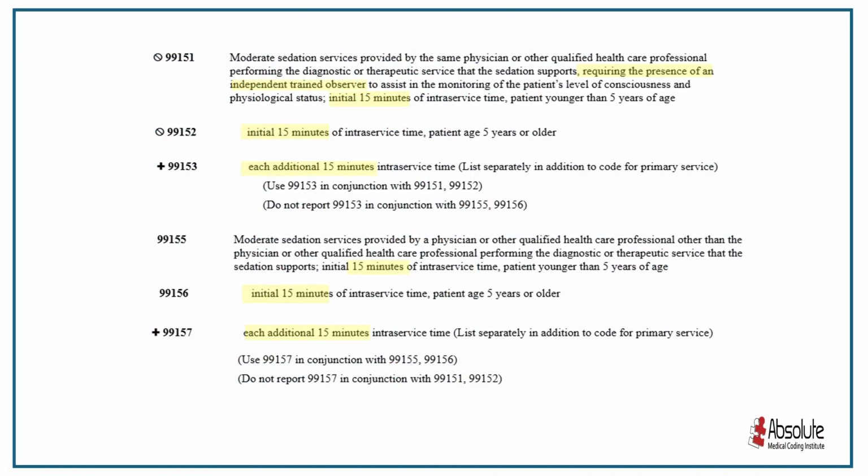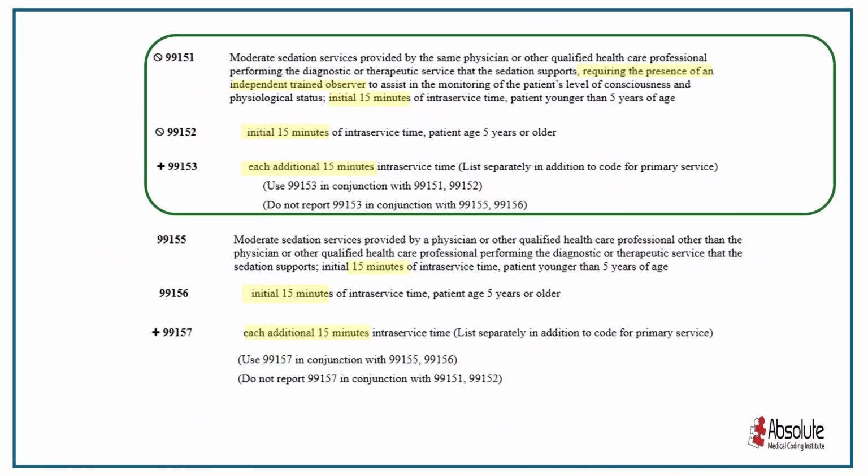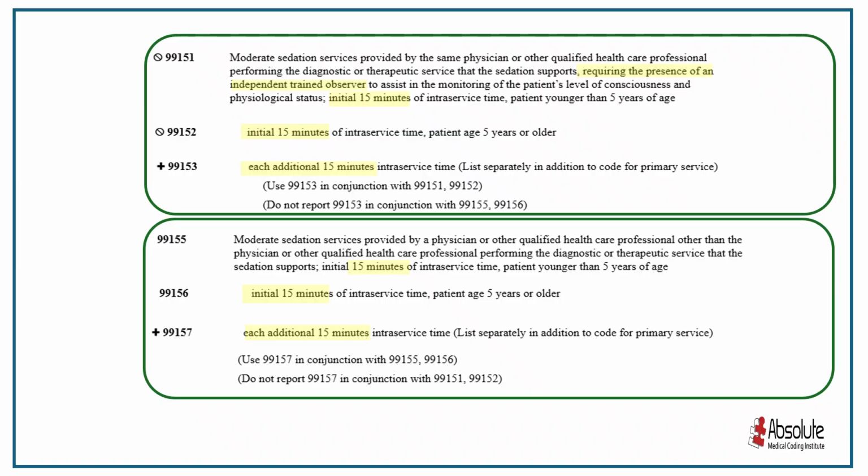Now let's take a closer look into the codes for moderate conscious sedation. We have CPT codes 99151 through 99153 that are reported when the same physician performing a diagnostic or therapeutic procedure also administers the moderate sedation.